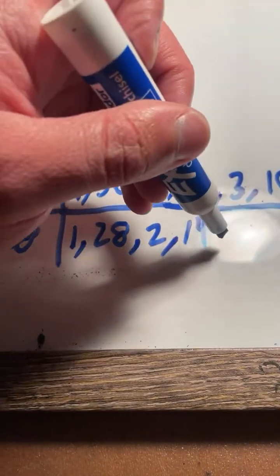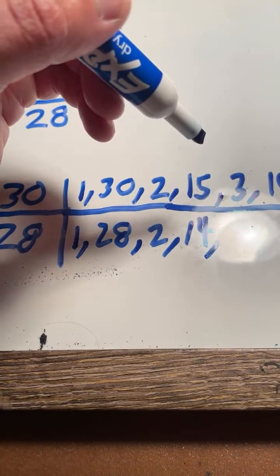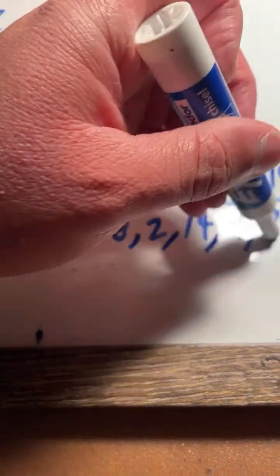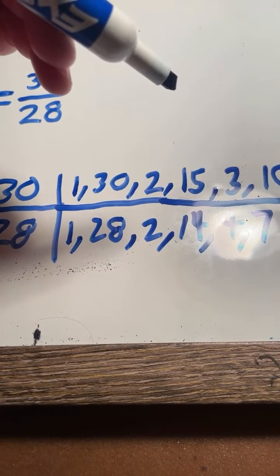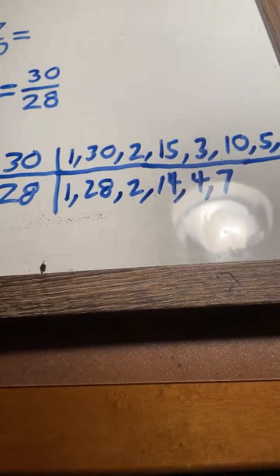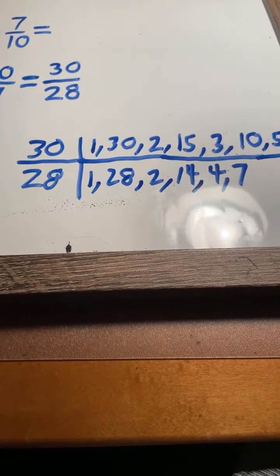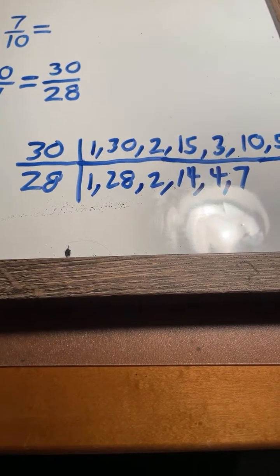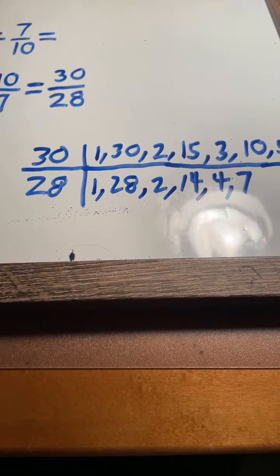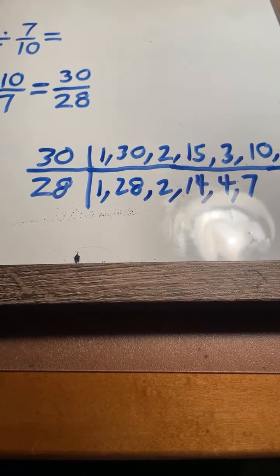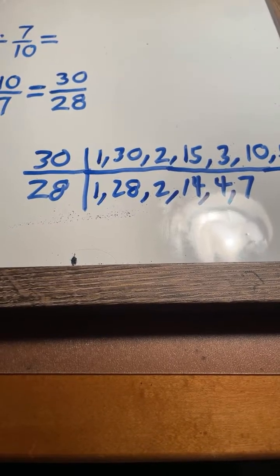3 is not a factor of 28. 4 and 7. 5 and 6 are not factors of 28. 8 is not a factor of 28. 9 is not a factor of 28.